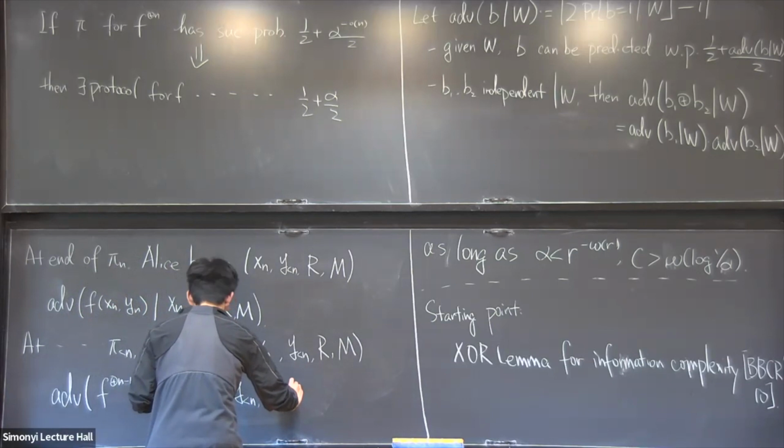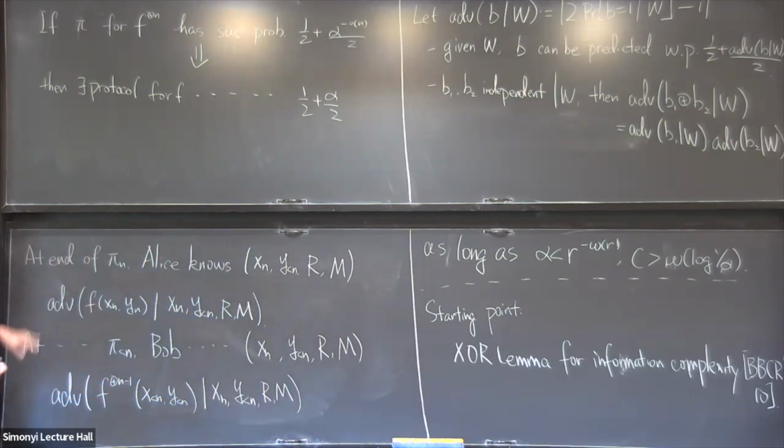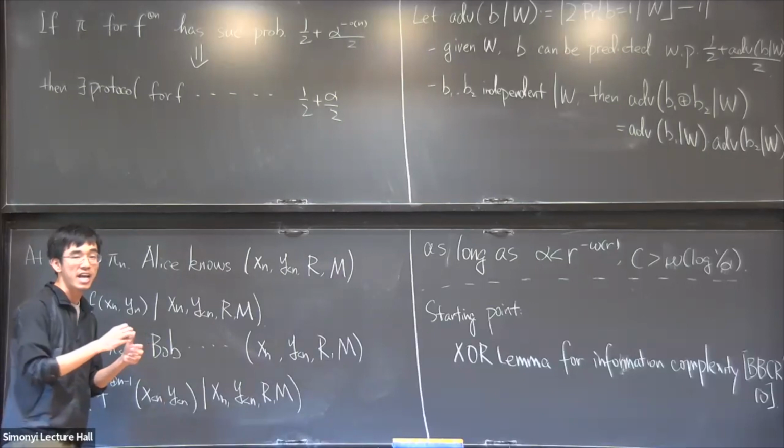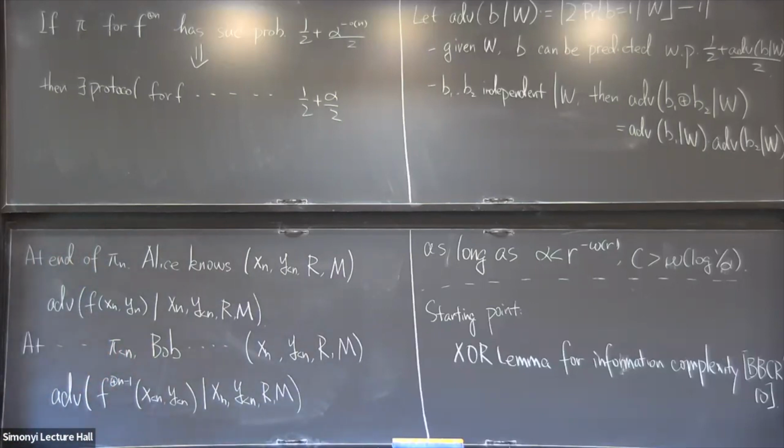It's an important observation here that in these two cases, if we let Alice predict in pi n and we let Bob predict in pi smaller than n, then what they know that will affect the prediction is exactly the same set of variables: x n, y smaller than n, r, and m. Again, it's useful now to view both of these protocols as the same distribution.